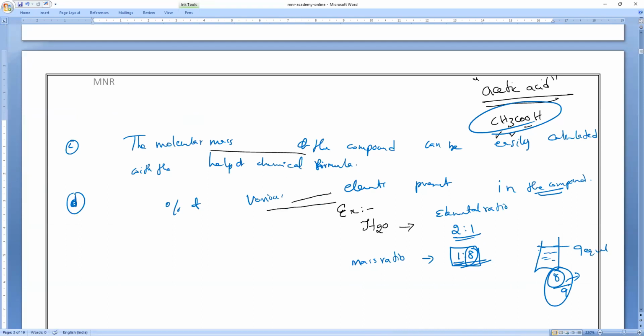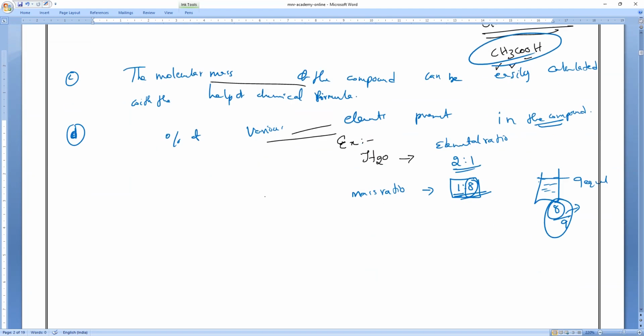So this is the information the chemical formula tells about a chemical substance. Now I am going directly to the concept, the chemical formula of some ionic compounds.